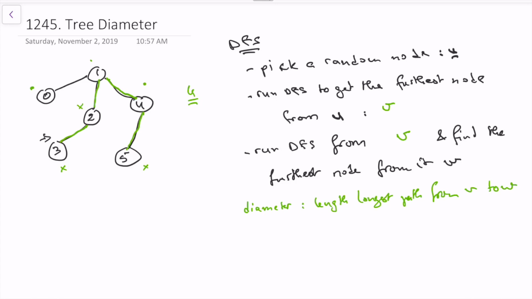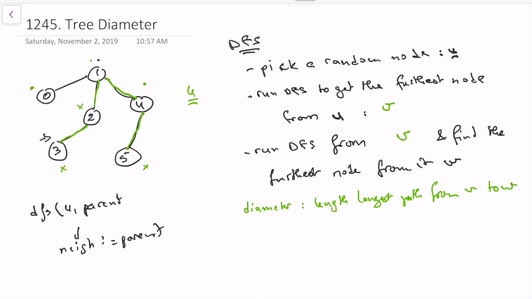So in our DFS we need to pass the node we are starting from, but also the parent, so that when checking neighbors we check that the neighbor is different from the parent. Otherwise at 1 we go back to 2, then to 1 again, and again, and we would have an infinite loop. We don't want to do that.